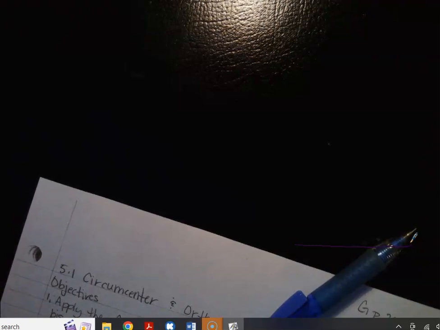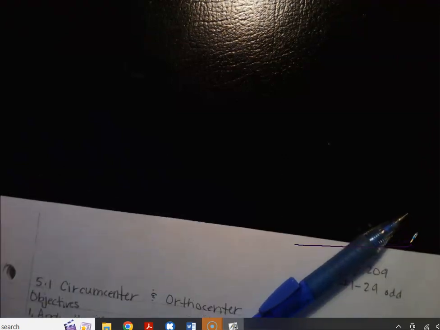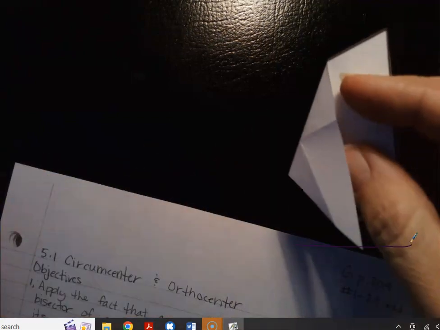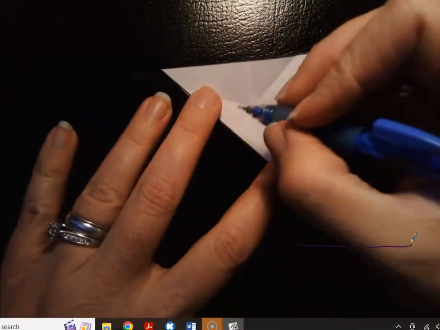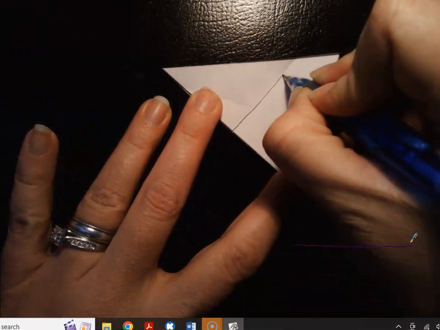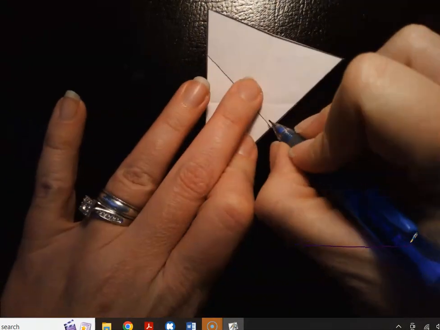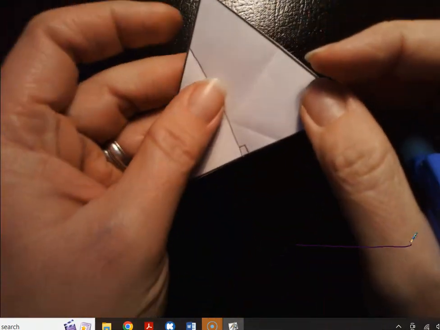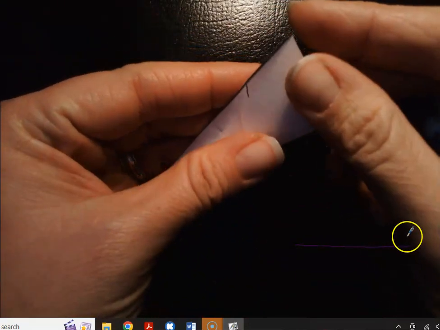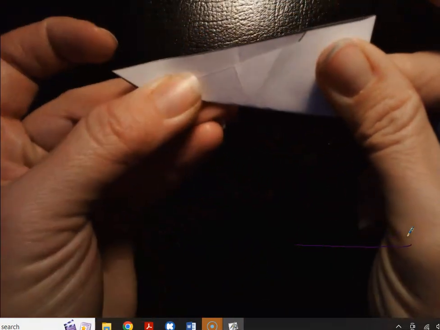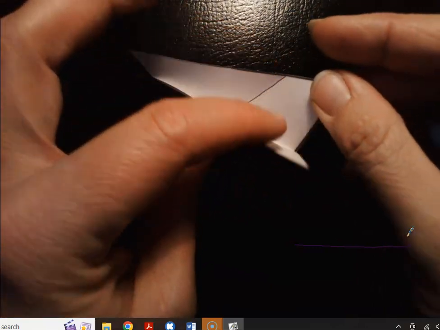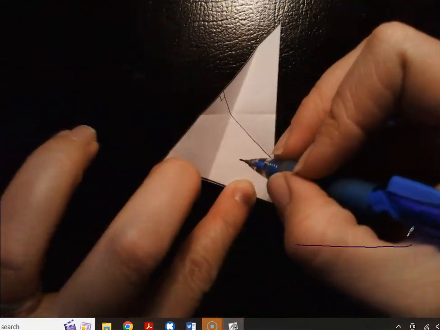Lucas, you got yours? Okay, so I'm gonna lay mine down here and trace my lines. You might want to do that too. Trace your lines, and then fold the other vertexes together. Make a crease, open it up, and trace that line.